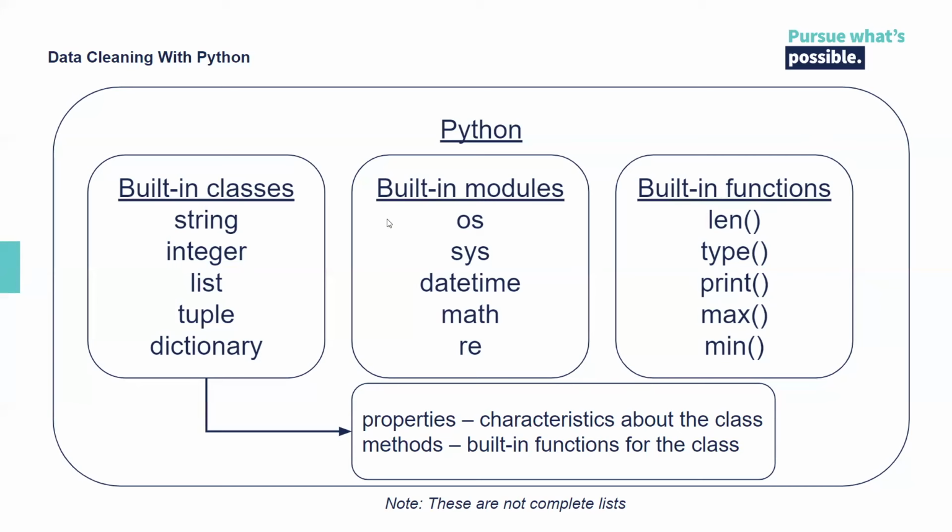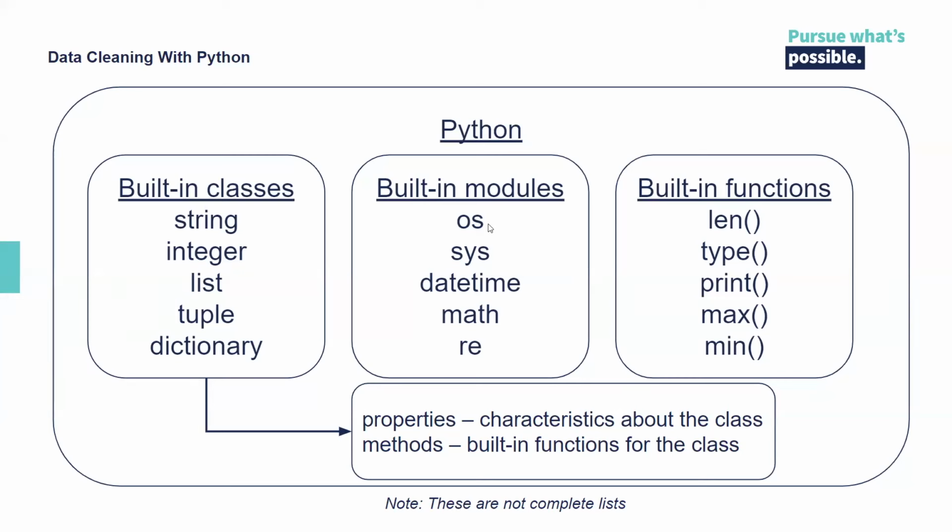Going back to the middle section, Python also has a series of built-in modules. Modules are things that essentially extend the functionality of base Python. When you install Python, it's going to come with all these things, but when we're using Python in our scripts, we do specifically need to import these modules if we're going to use them.